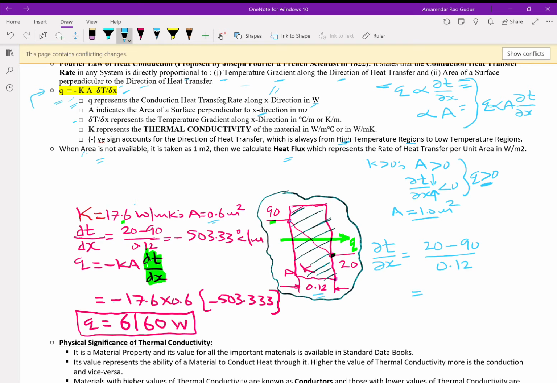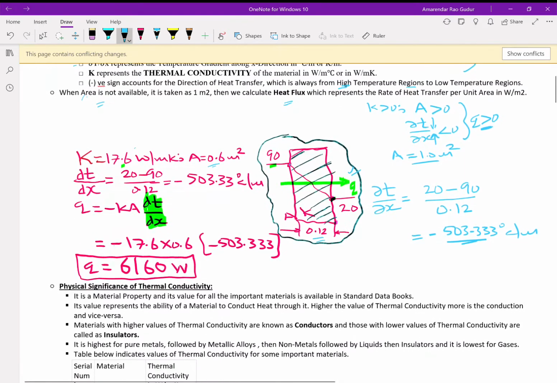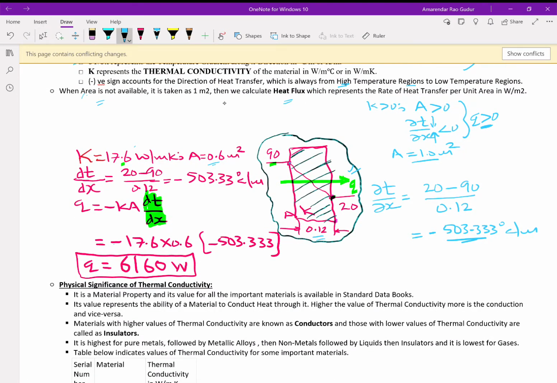This is going to be negative 103.333 degrees centigrade per meter. You can see that the temperature gradient is always negative for Q to be positive along the X direction. And when we substitute this data in the Fourier law of heat conduction, we get Q as 6160 watts, provided temperature is a function of only X, that is one-dimensional steady-state heat conduction.